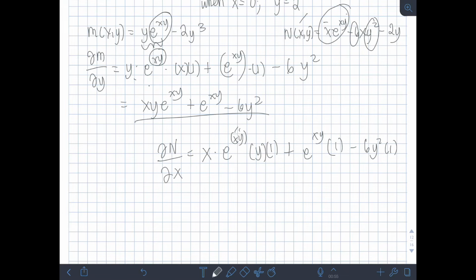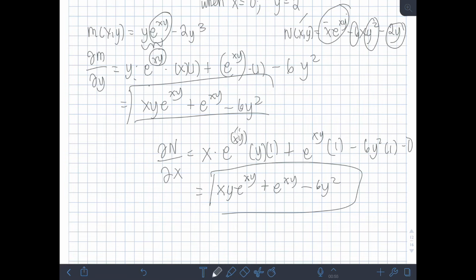Minus 2y: y is constant, so its derivative is 0. Therefore, we have xy e raised to xy plus e raised to xy minus 6y squared. So they are equal: the partial derivative of M with respect to y equals the partial derivative of N with respect to x. Therefore, it is an exact DE.